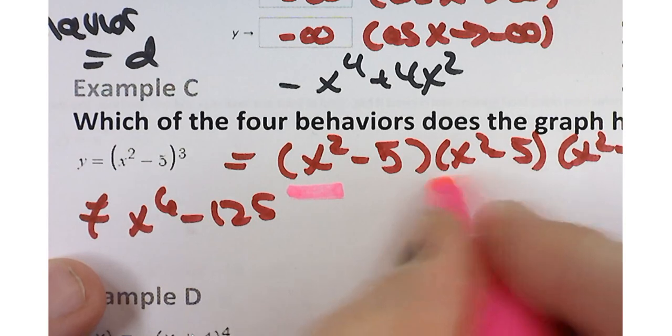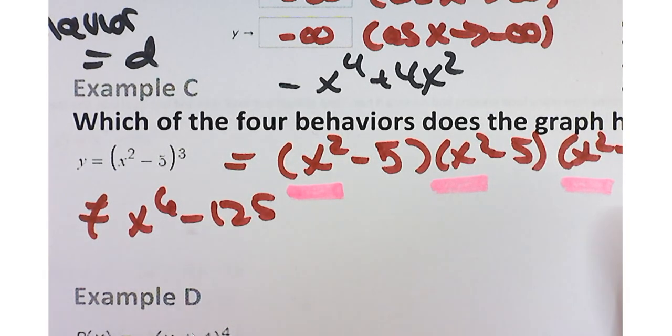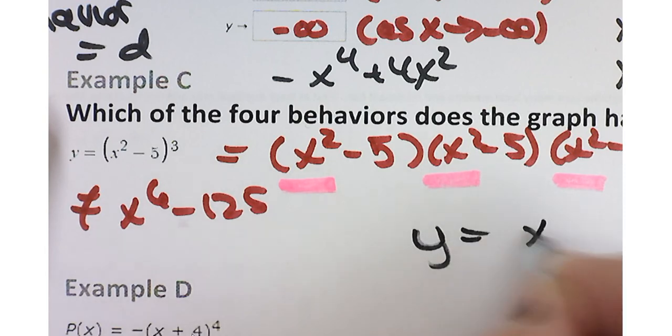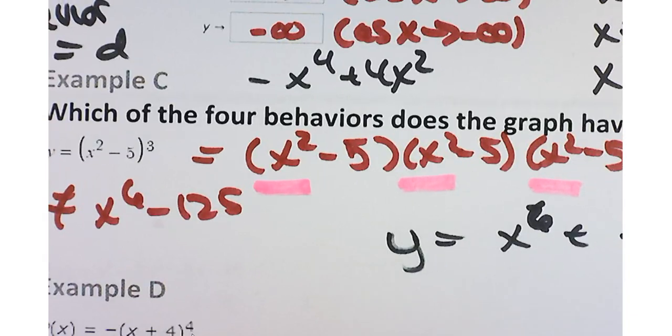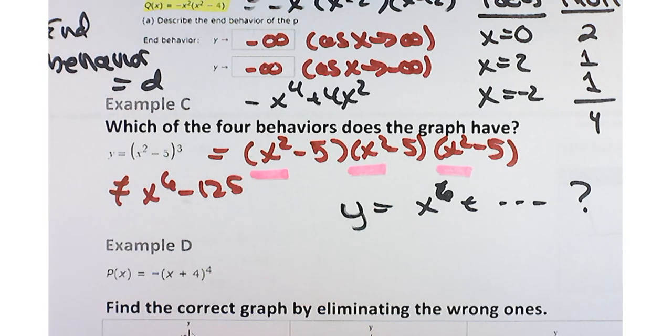If you looked at the leading terms here, x squared times x squared times x squared, what's that going to give you? X to the 6. Yeah, it's going to be y equals x to the 6 plus something. And it really doesn't matter what that something is. We don't have to multiply it all out. So there's two things that I need, and I've got them both.